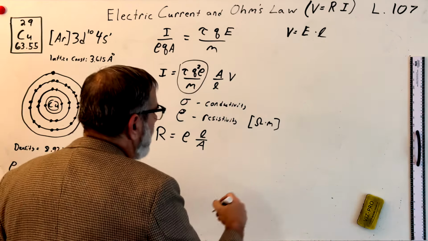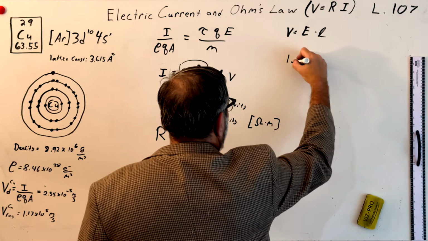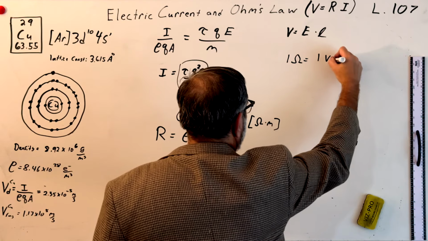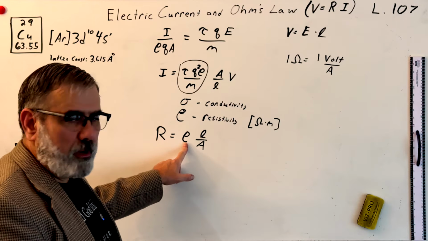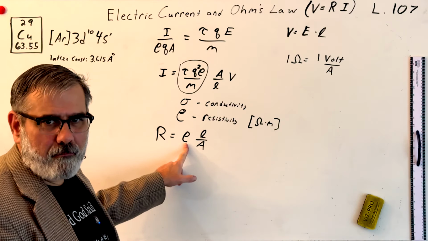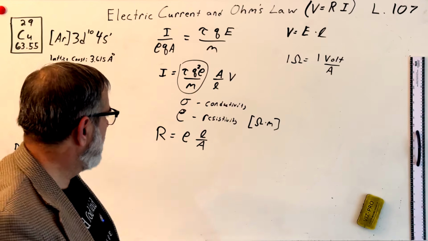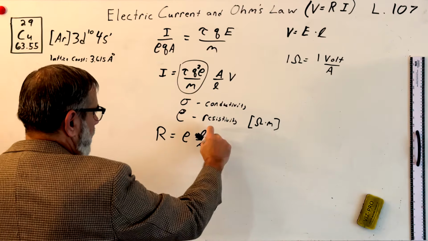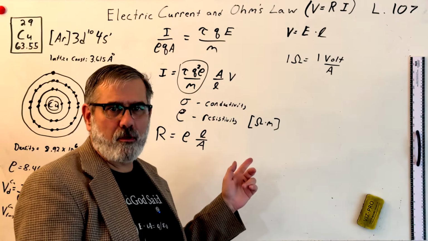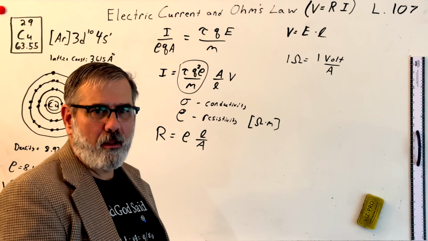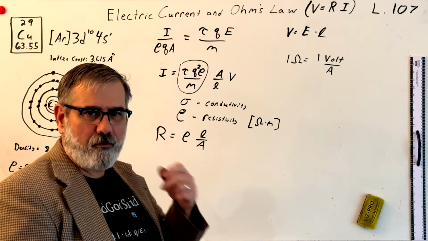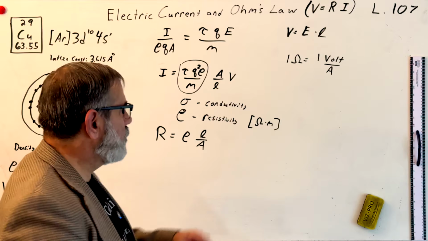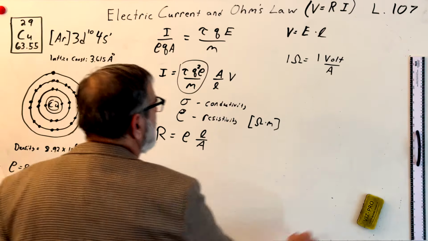An ohm, it's right over here, 1 ohm is equal to 1 volt per amp. So we can look up a value in a table for, say, copper. That will give us this resistivity, which we can then plug in. And then based on the length of the wire that we're using and the cross-sectional area of the wire, we can calculate what the resistance is for that wire, okay? And we'll do that now. We'll do an example.